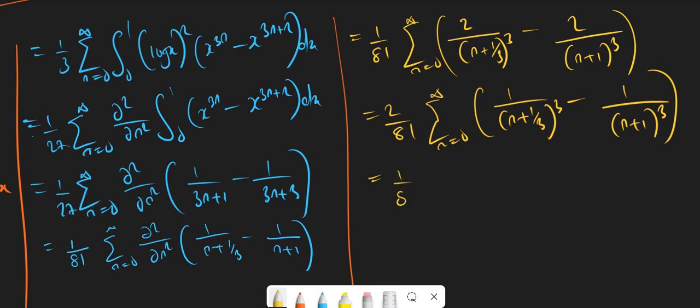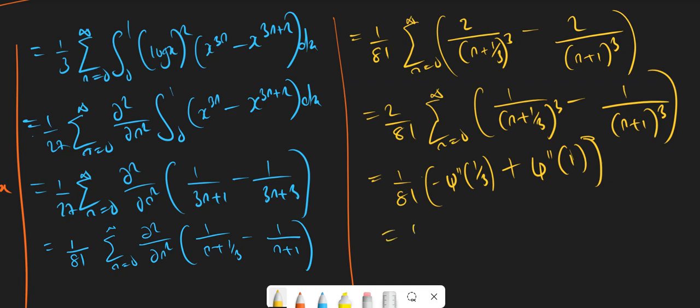So we have 1 over 81 times negative psi prime of 1/3, plus, because of the negative, psi prime of 1 as well.